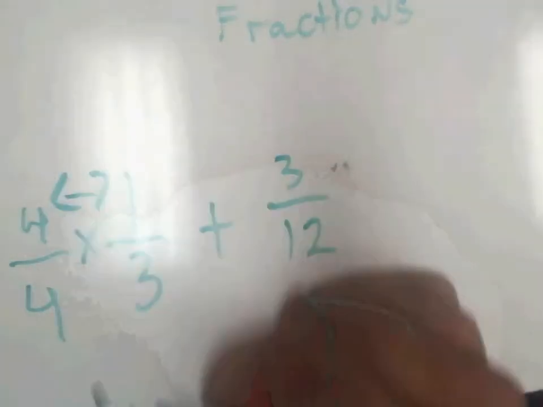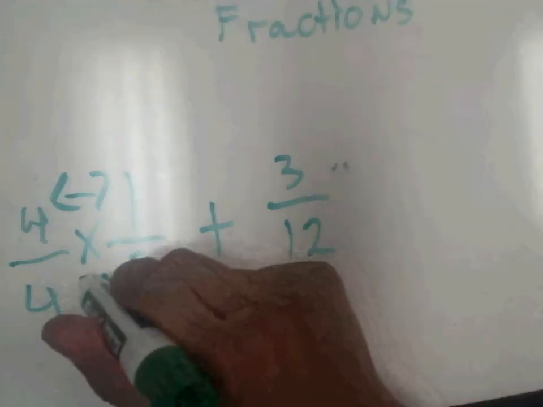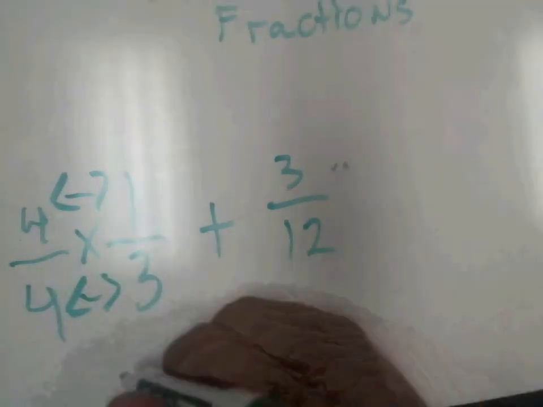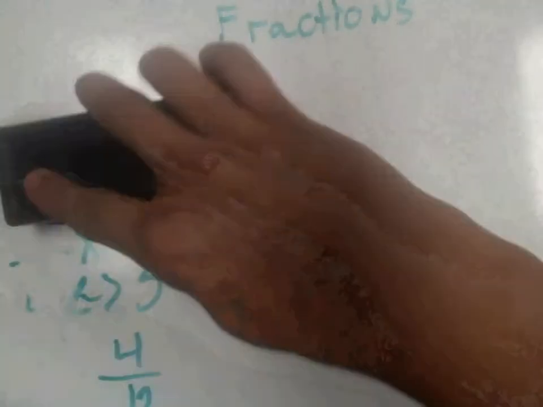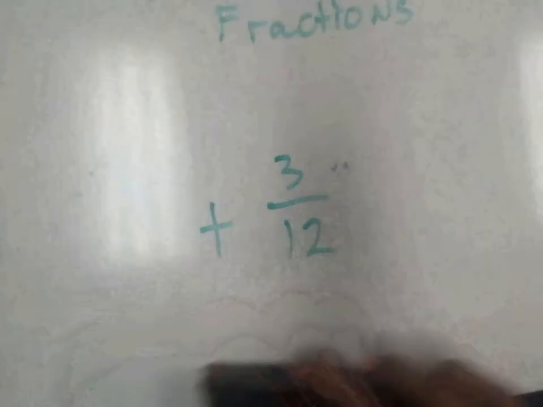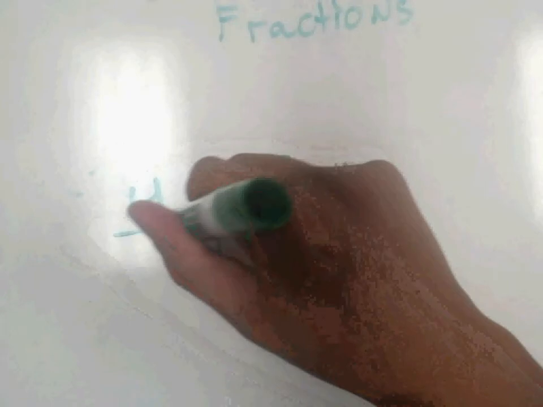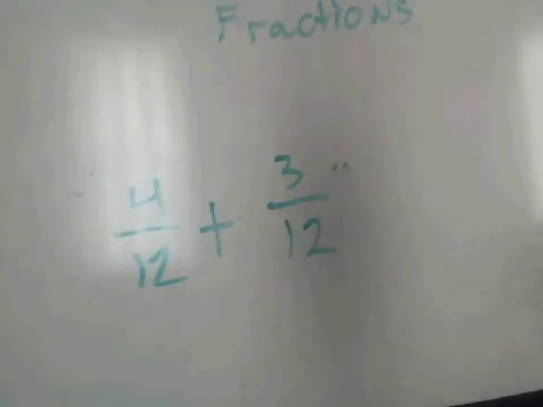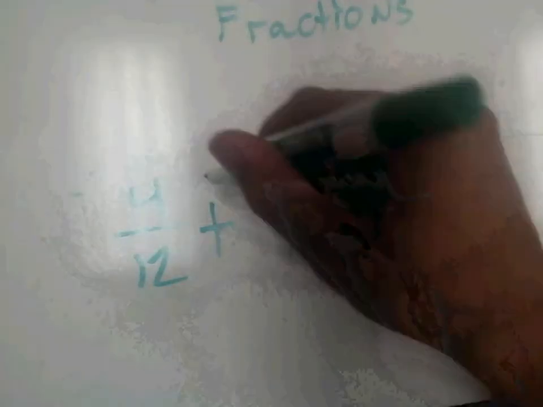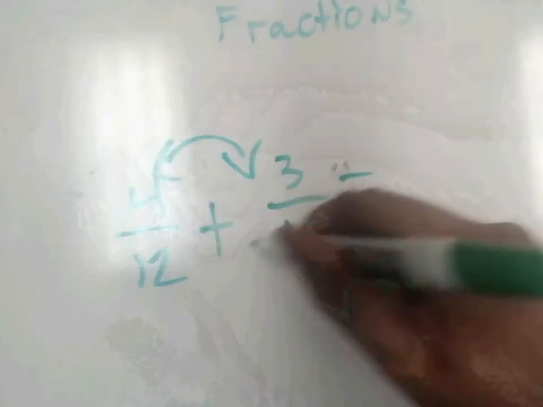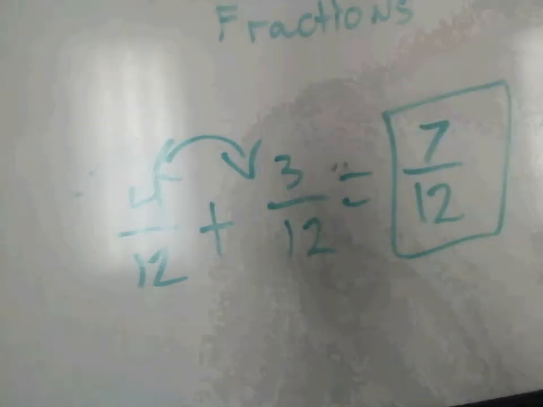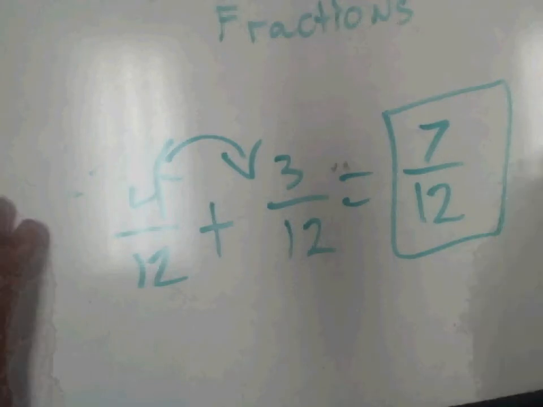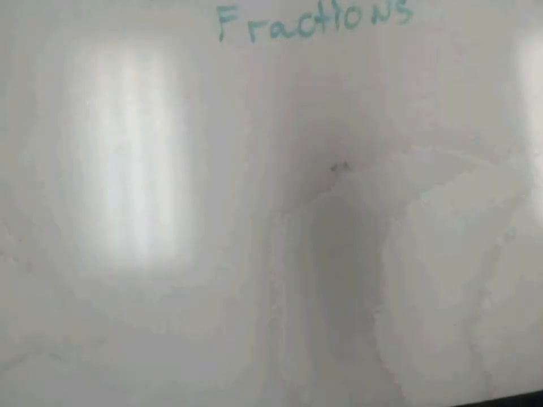Again, just multiply our numerators by our numerators, denominators by our denominators, and we will get 4/12. So, 1/3 has turned into 4/12. And since we have like denominators, again, we just add our numerators, leave our denominators alone, and we will get our answer of 7/12.